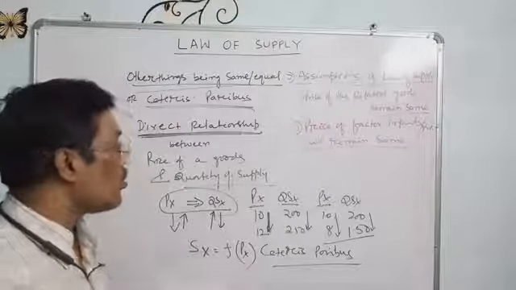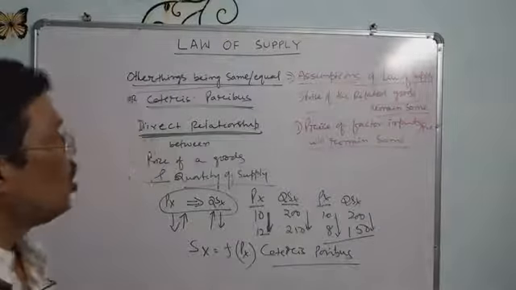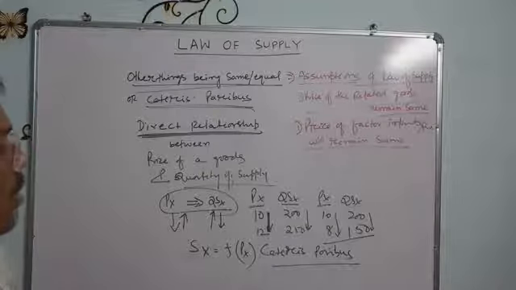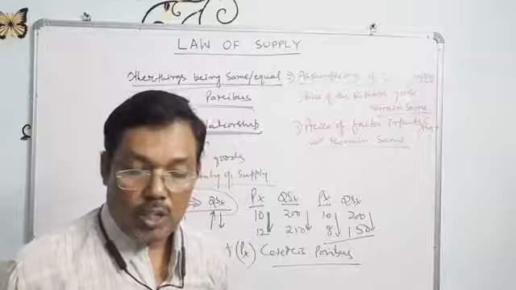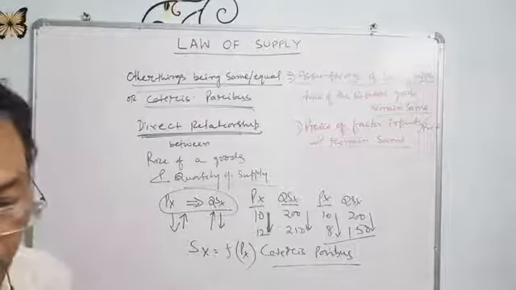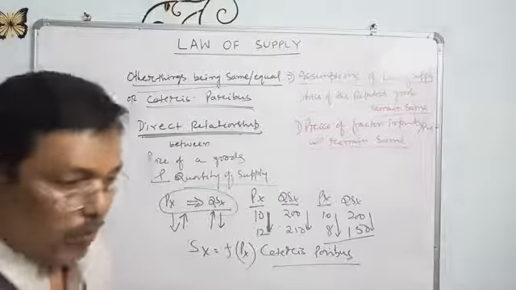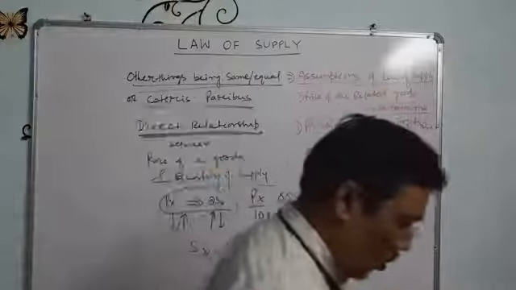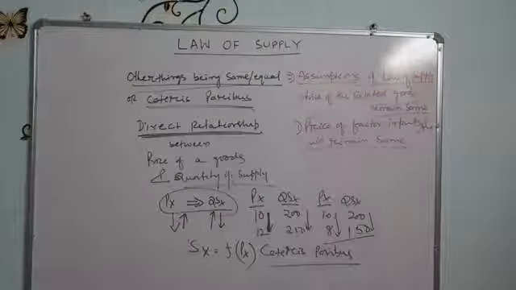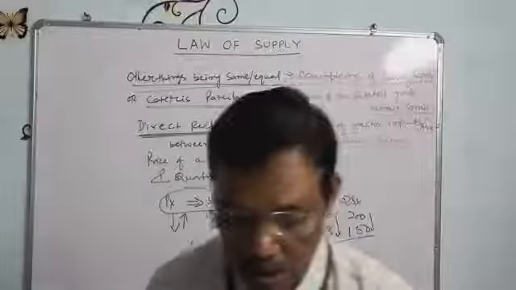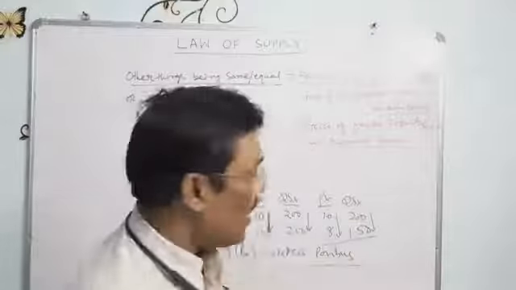That is the situation in the law of supply. That is why the price of factors of inputs or factors of production will remain the same. Similarly, we are discussing the state of technology. If technology improves, the producer will produce more and more output at less cost of production. So here we are saying that the level of technology should remain unchanged.